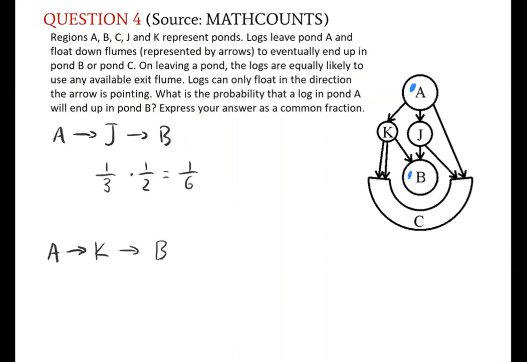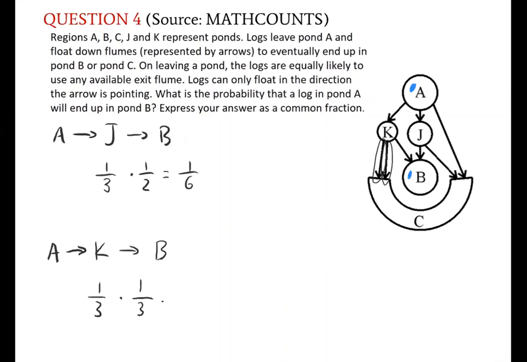And from A to K, you have a 1/3 chance to get to K, since you have these three options here. And then from K to B, you also have a 1/3 chance, since there are three pathways you can take.